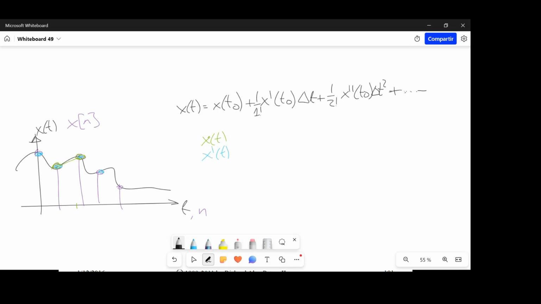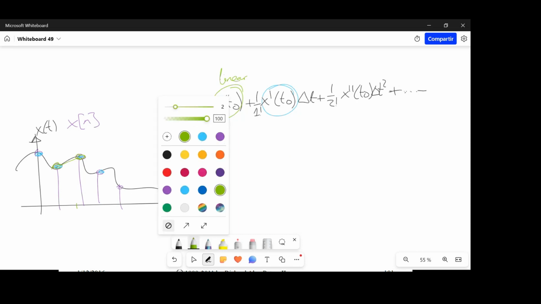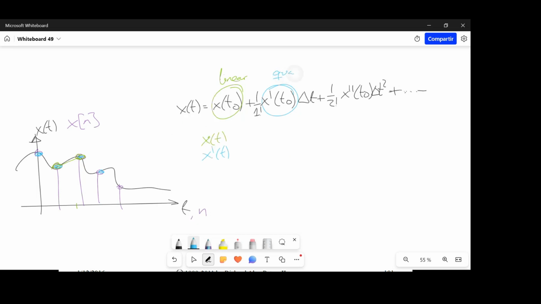The more samples you take around, the more terms you will be able to estimate. So this one will allow you to estimate this one. Bilinear or linear interpolation allows you to estimate that one. Then this will be quadratic approximation, quadratic because the term that is left is quadratic. One cubic, the term that is left is cubic.